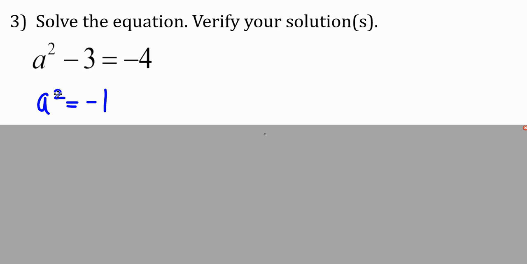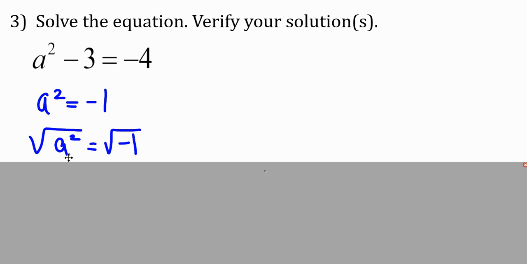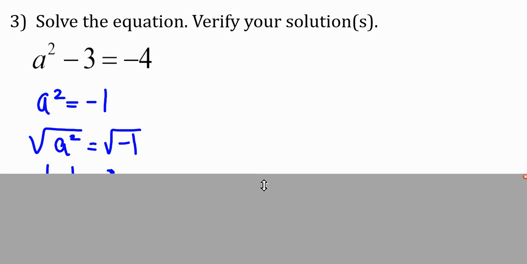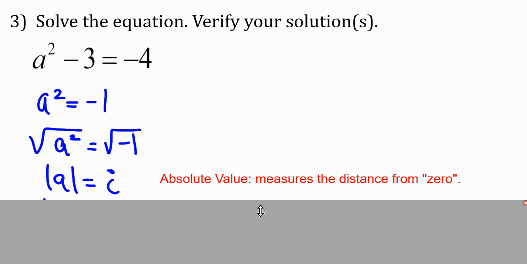So how do we undo something that's squared? Well, we take the square root. And remember, taking the square root of something squared, those inverse operations, turns it into the absolute value. On the right-hand side, we've got the square root of negative 1, which we should recognize is the value of i.